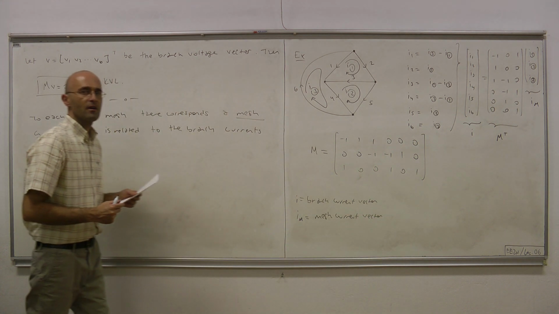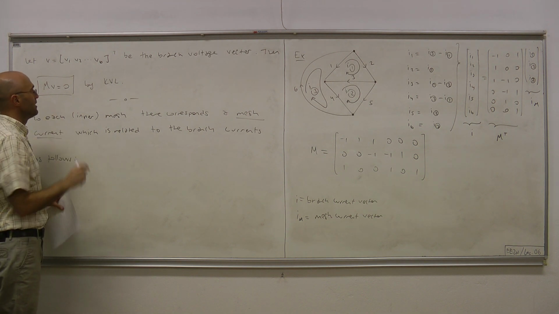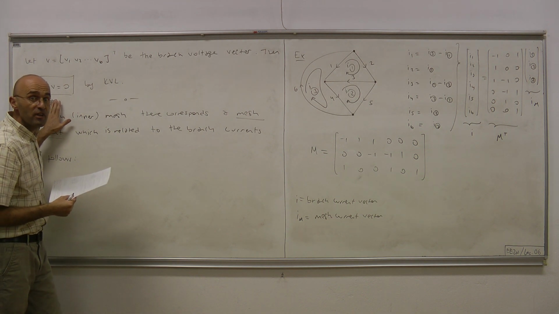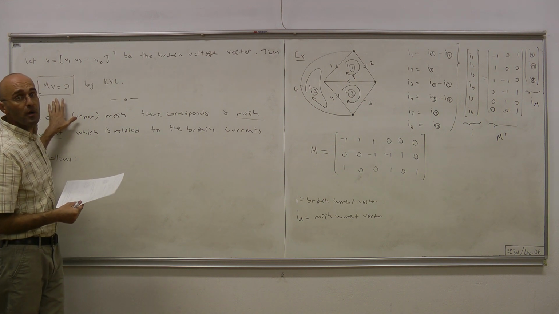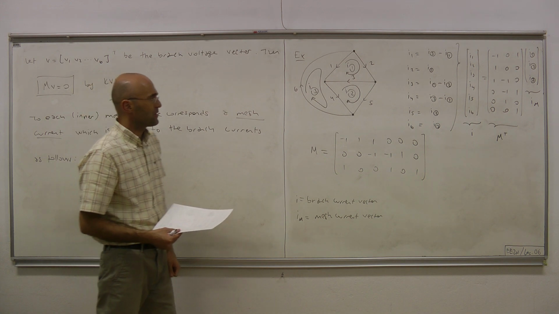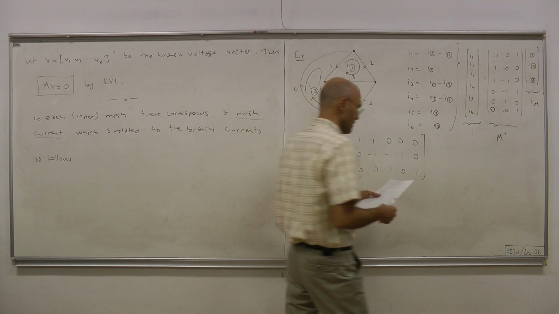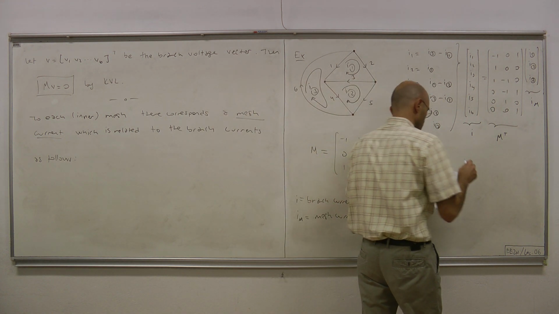So aside from its use in economic expression of KVL, the mesh matrix also appears in this very nice relation between the mesh currents and the branch currents. Let's put that down.